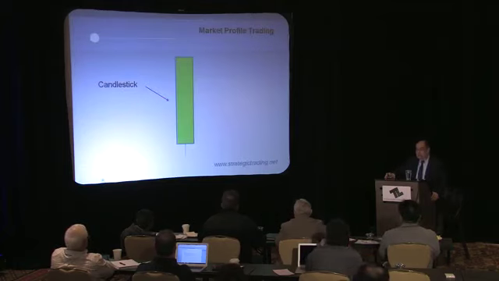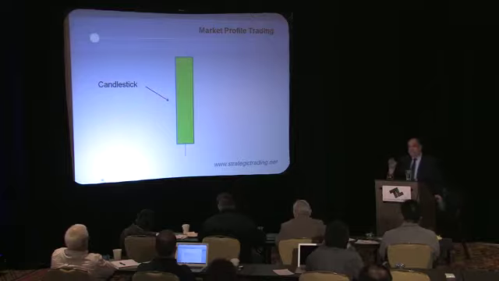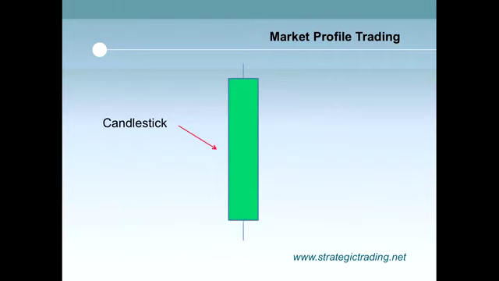Let's take a close look at a candlestick. One of the first things that I want you to start doing whenever you look at a candlestick for any given period of time is to begin thinking of that candlestick as the outcome of an auction.